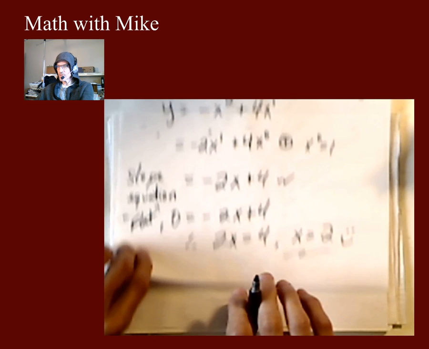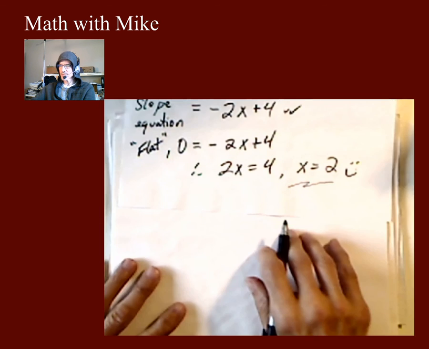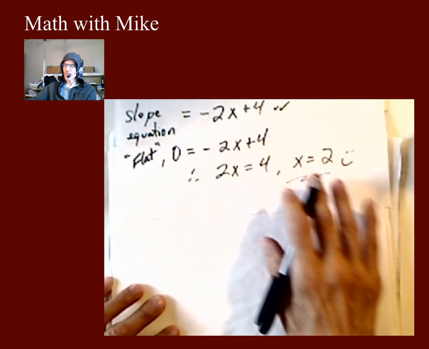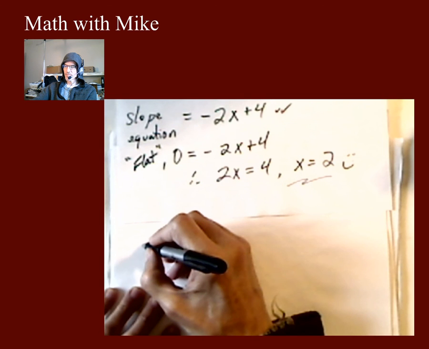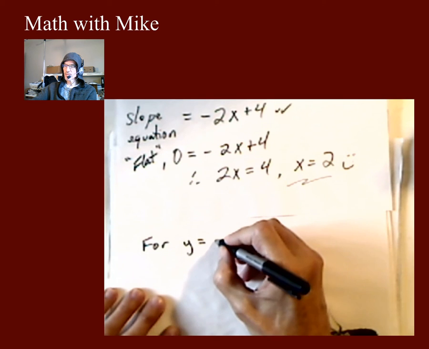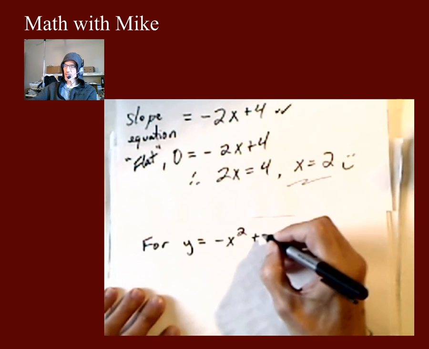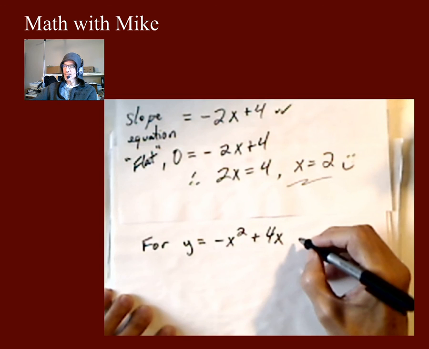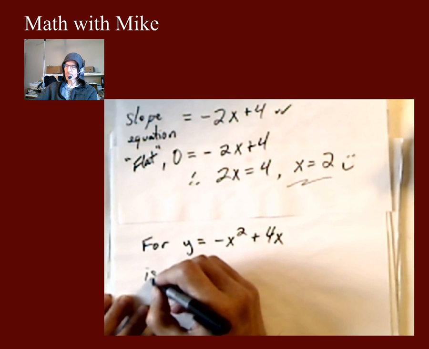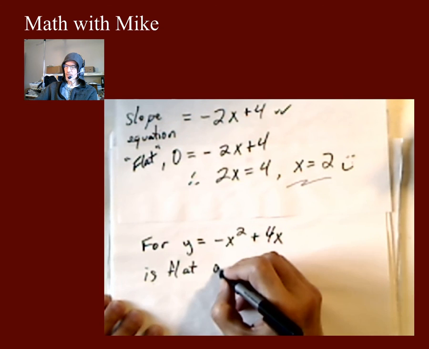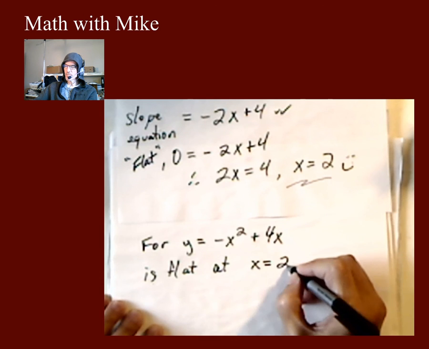Okay, so from our work, we saw that y is equal to minus x squared plus 4x is flat at x equals 2.